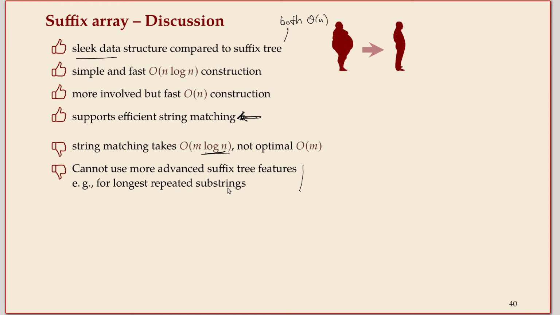I sold you suffix trees as a magic data structure for solving all kinds of string problems, and now it seems we're back to just the string matching with the suffix arrays, without a big chance to get all the other problems solved.